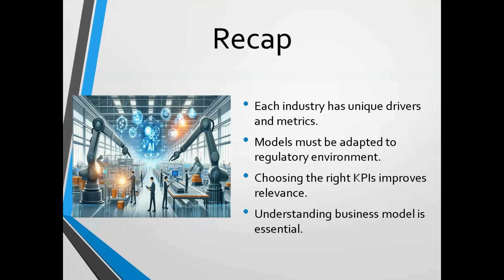Financial model must reflect the legal and compliance environment of the sector. The KPI matters. Using industry-specific metrics improves model insights and decision-making quality. The strategic alignment is to enable better financial planning, control, and long-term strategic decisions.